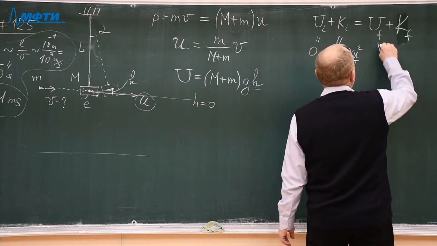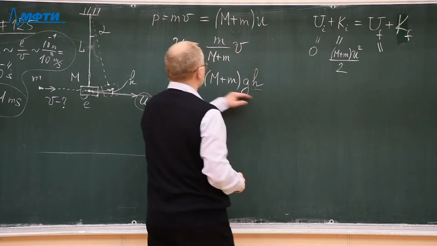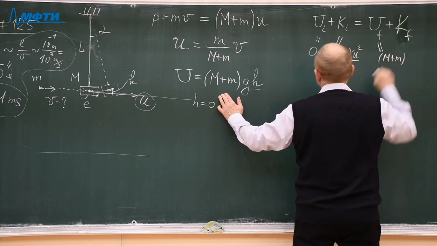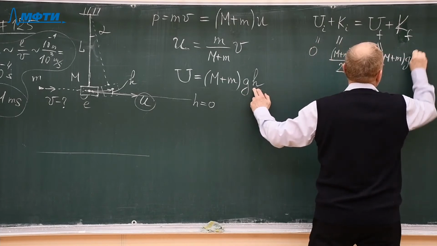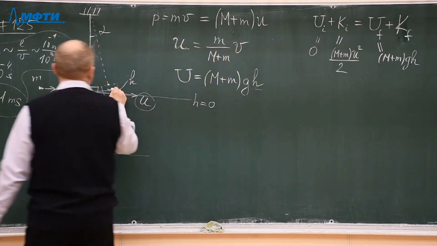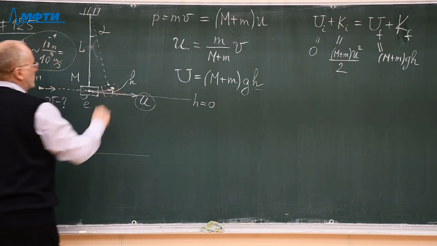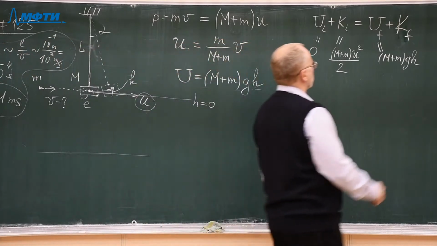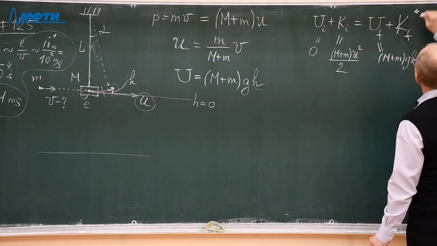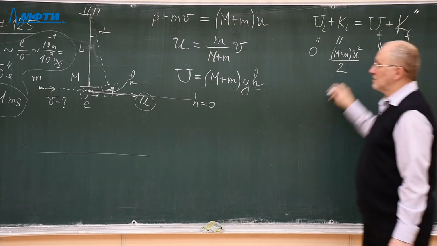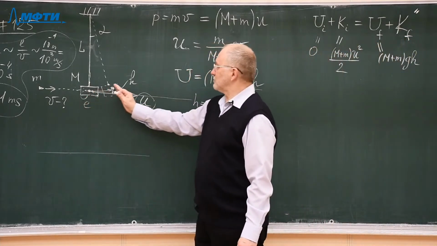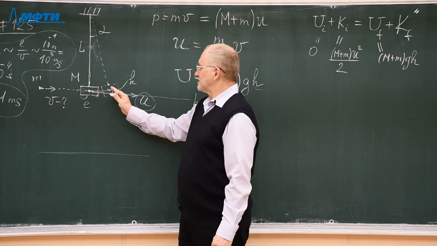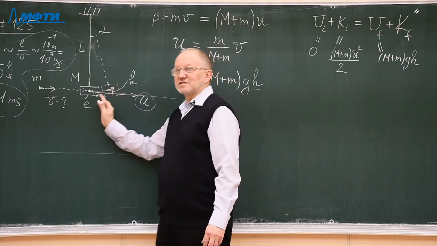Final potential energy will be equal to what is written here: total mass of the box and the bullet inside it, times gh, and h is some height of the center of mass over the 0 level, 0 position. And the final kinetic energy will be what? Finally, the box moves to its maximum deflection position. This is the amplitude of oscillations, and at this point the box stops and starts moving backward.